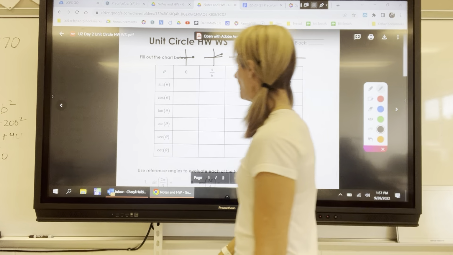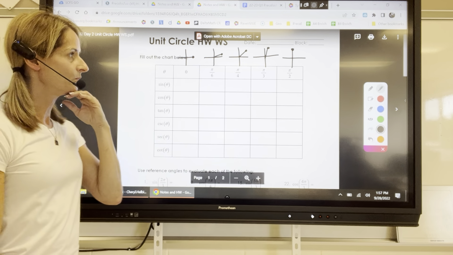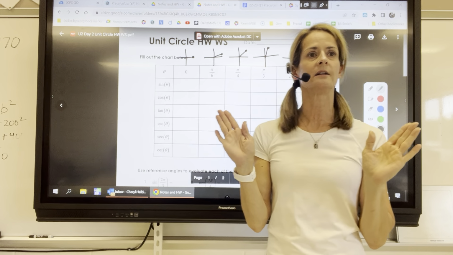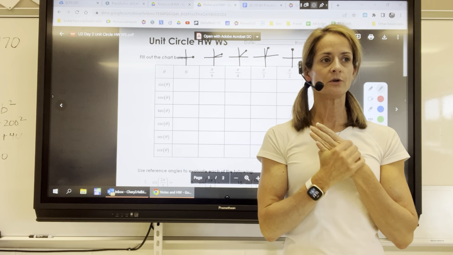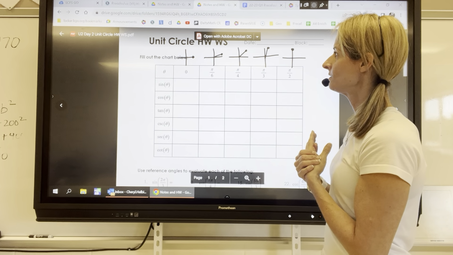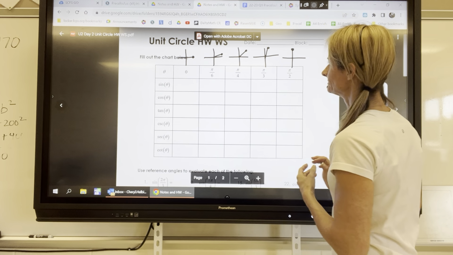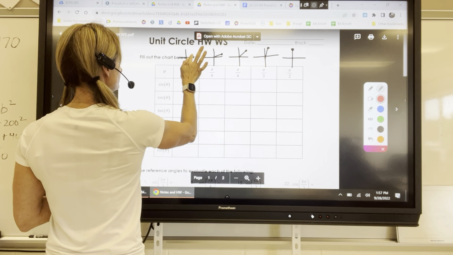All right, so now we need to think of the unit circle when we're filling these in. So the sine of 0 degrees, when we're starting with sine, the sine are the y values. So at that point, the ordered pair for that point is on the circle, right?